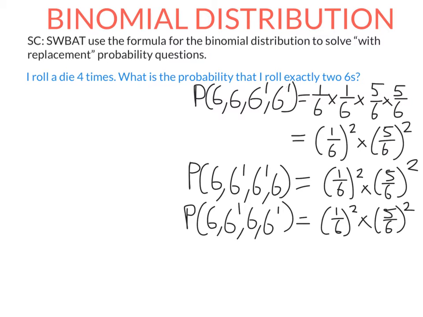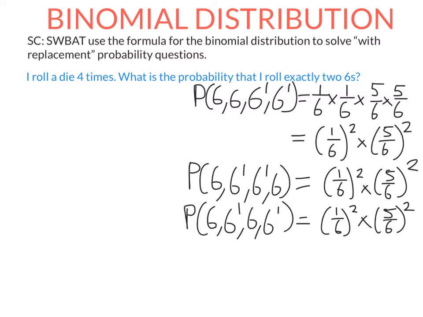So how many different ways are there like this? How many different ways could I roll exactly 2 6s if I roll the die 4 times? So think of the positions. Position 1, first roll, second roll, third roll, fourth roll. There are 4 different positions or 4 different rolls. 2 of those have a 6 and 2 don't.